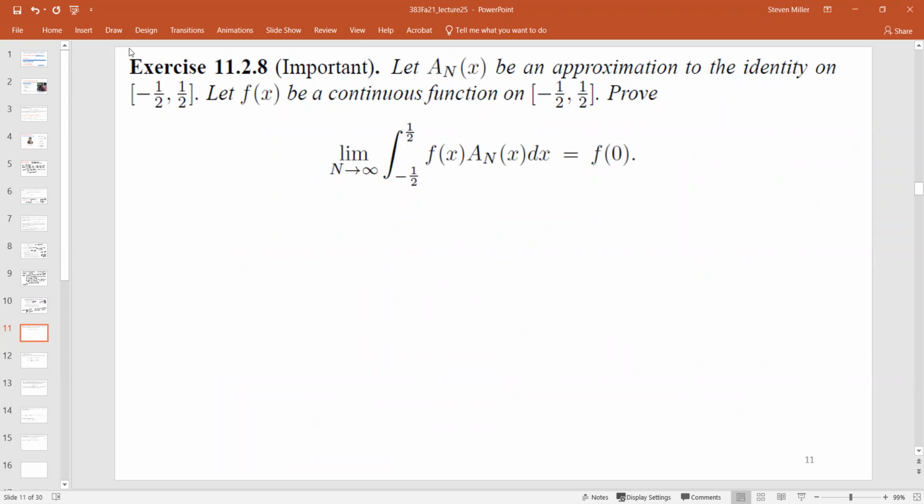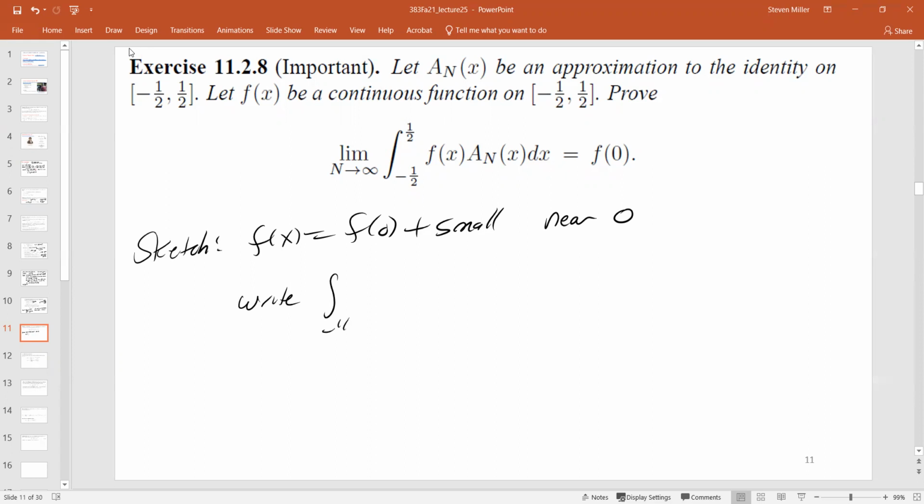If my function f is continuous, here's the sketch. f(x) equals f(0) plus small near 0. And because f is continuous, it doesn't really matter what f is away from minus delta to delta.